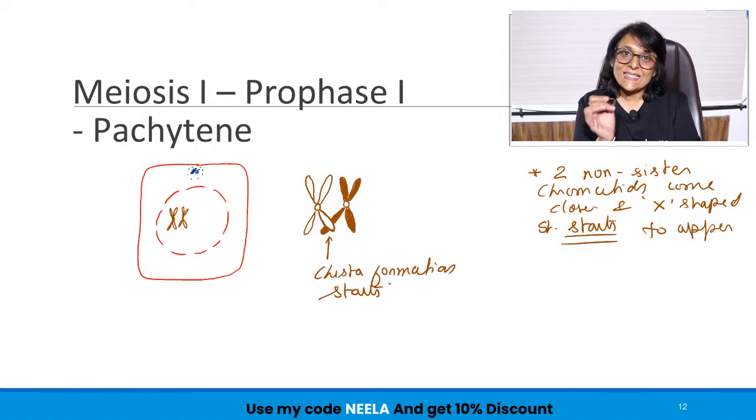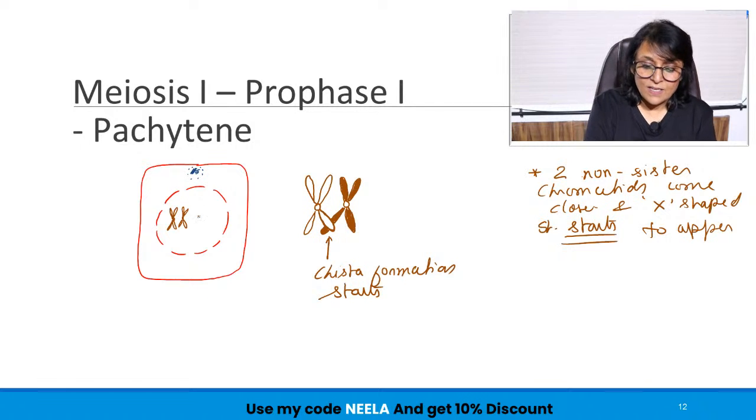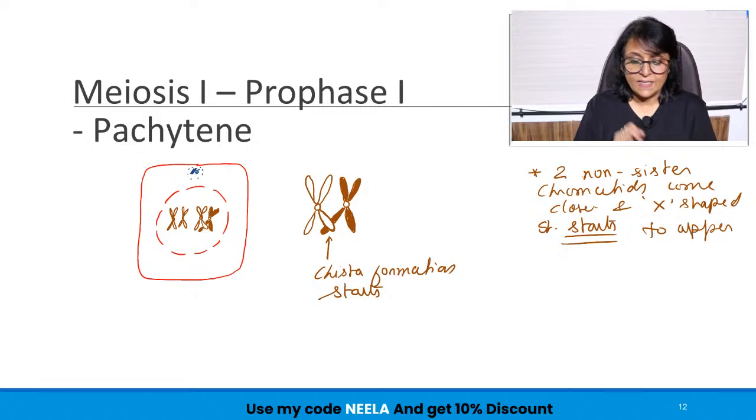So that X-shaped structure starts to appear. So what we'll do is with the other chromosome, we will show this X-like structure, and here also I'm going to make one chromosome solid so that it can be easily distinguished.